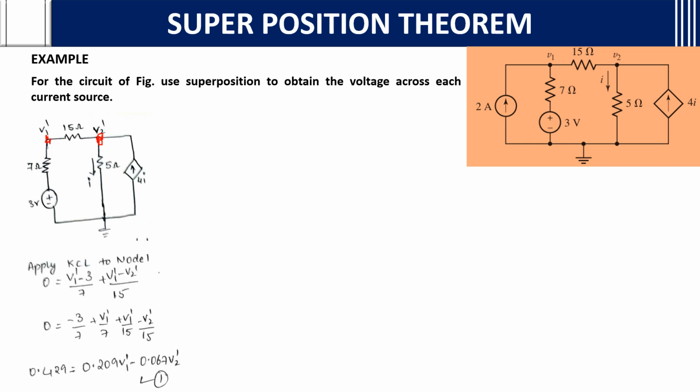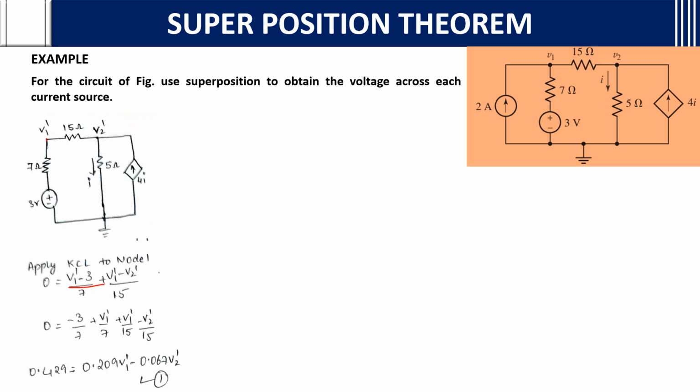After that apply KCL to node 1. That is node analysis. At node 1 there is no incoming current. So 0 equals V1 dash minus 3 volts by 7, plus V1 dash minus V2 dash by 15.